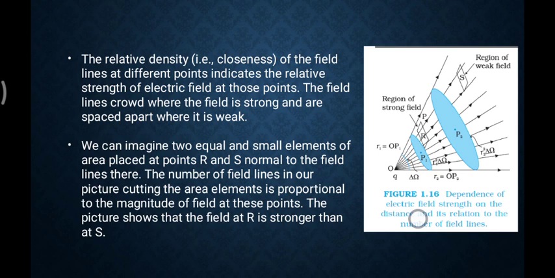In what way can you judge the electric field strength? It means through what parameter can we judge whether our electric field is strong or weak. One parameter we thought about is the number of electric field lines: if there are more field lines, the electric field is stronger, and if they are fewer in number, it is weaker. But that is not enough as a way of judgment.